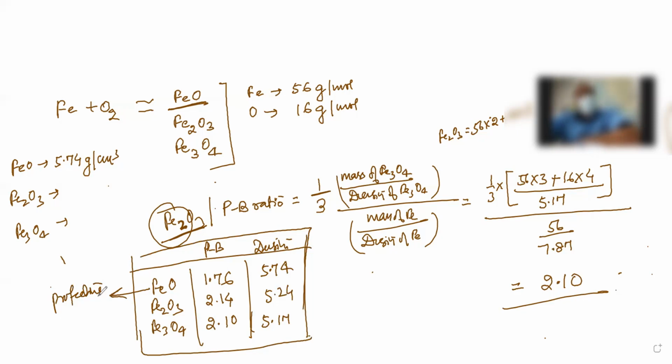So just remember this factor. The factor is important: 1/3, 1/2. If somebody gives something like Se4O5, then what will be the A value? 4, right? So you remember.